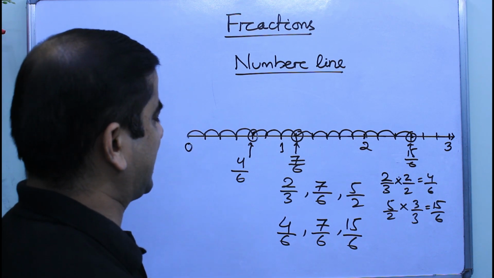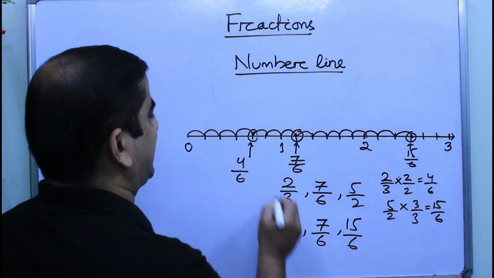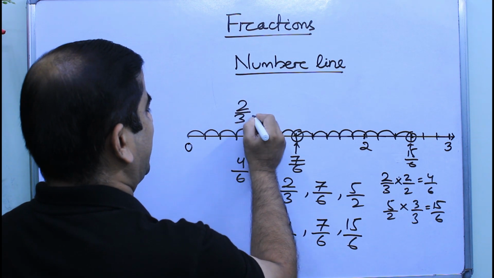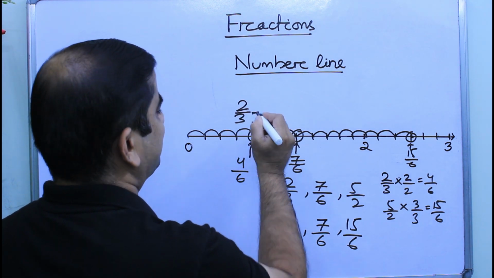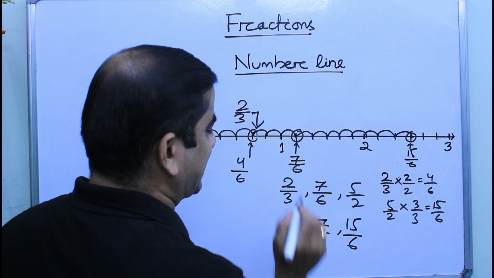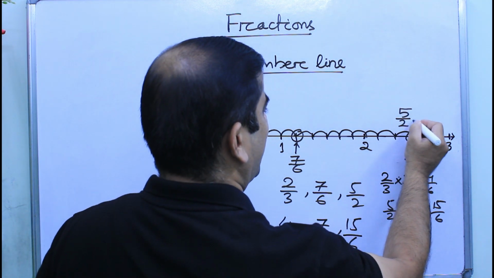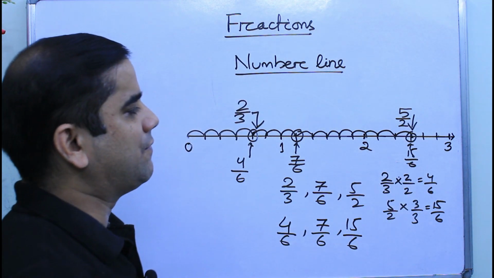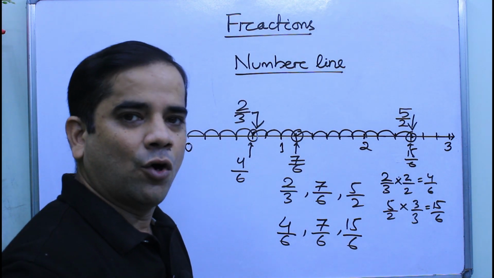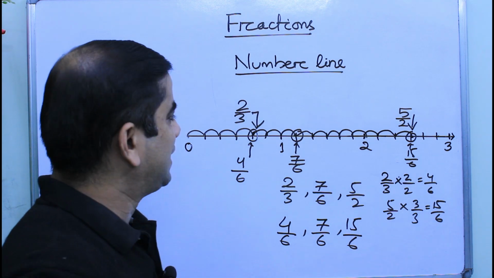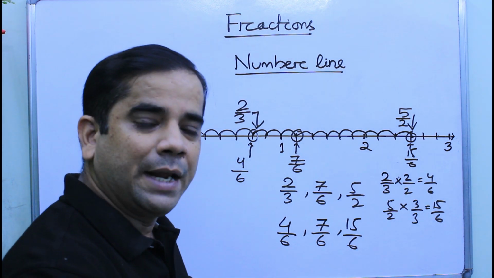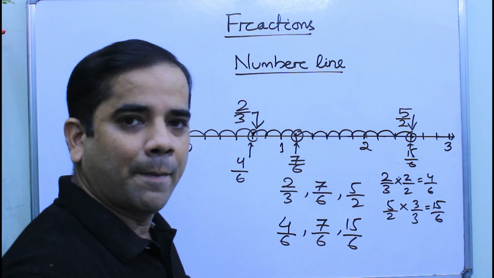So now we can say that the place of 2 by 3 is this one. 7 by 6 is 7 by 6. Then 5 by 2 is here. 5 by 2 is the same as 15 by 6. Okay. Hope you understand. Let us now discuss the other method to represent these fractions on the number line.